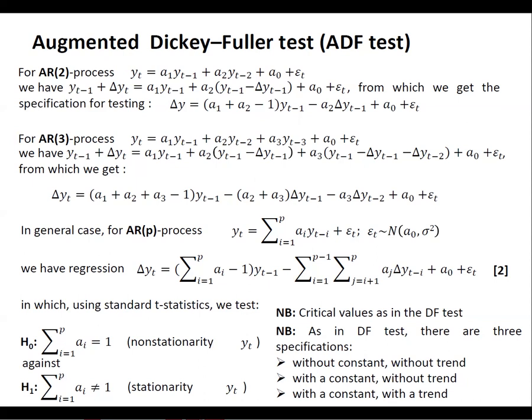the AR(3) model. The same transformation is done, and it turns out that we are testing the equation of the first difference, that is the sum of the coefficients a1, a2, and a3 minus 1 multiplied by the original series with a lag and by regression with the first difference with a lag, the first difference with 2 lags.